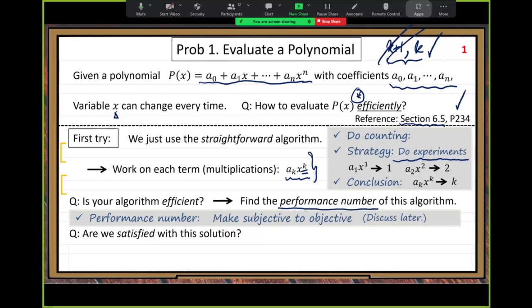If you do not have any other options, that's the only one you can take. No matter whether you are satisfied or not, that's the only way you can take. So to answer this question, we want to see if we have a different solution or not.